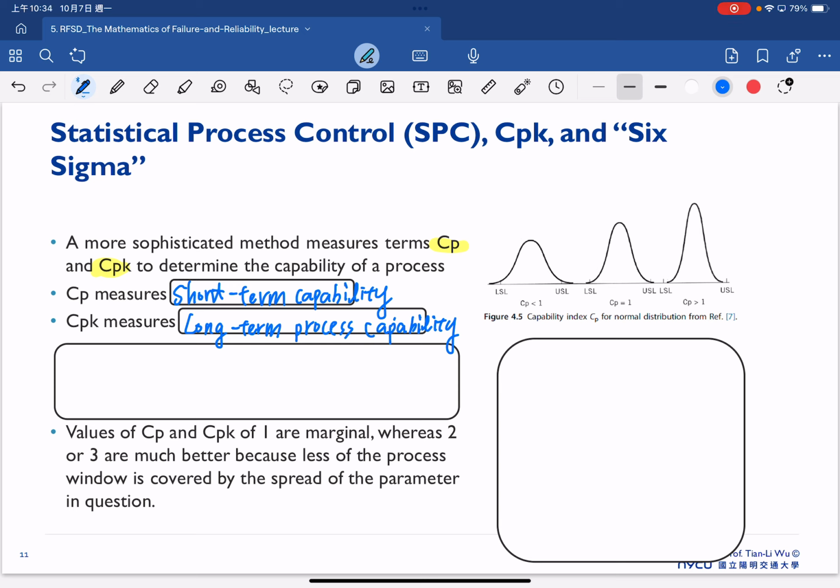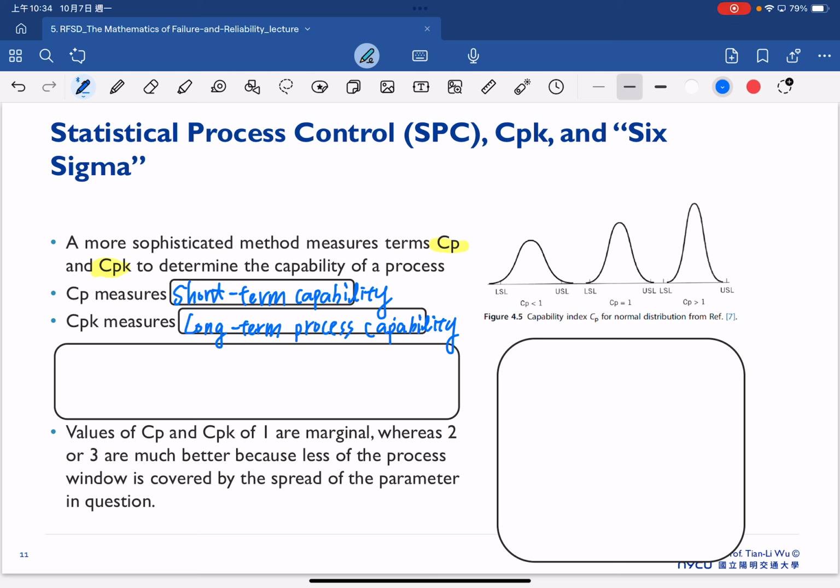So this is some of the detailed illustration with regard to the CP here. So the capability index for CP, so CP equals 1 will become like here. CP larger than 1, that will become like here. So once we have this very narrow distribution, that's good for the product quality control.